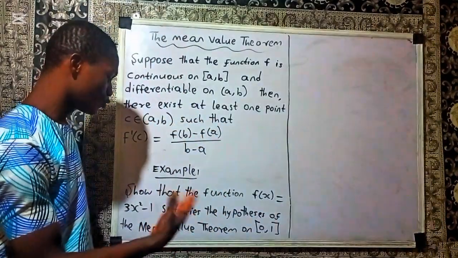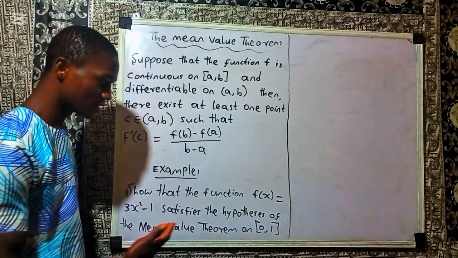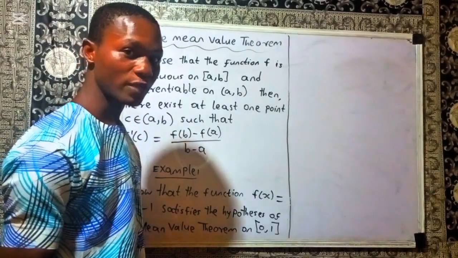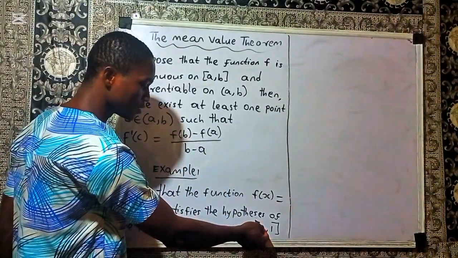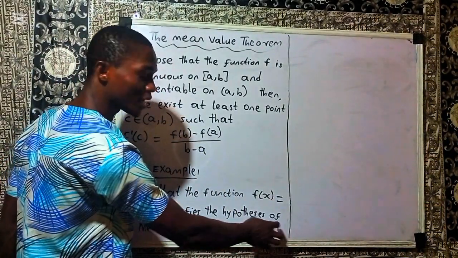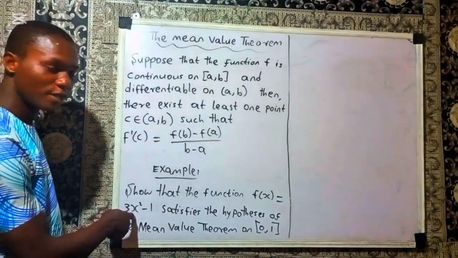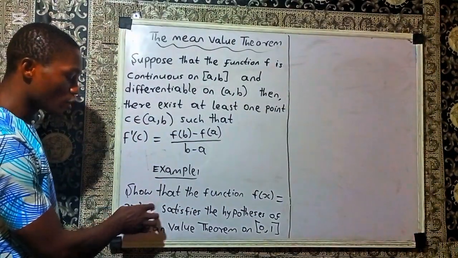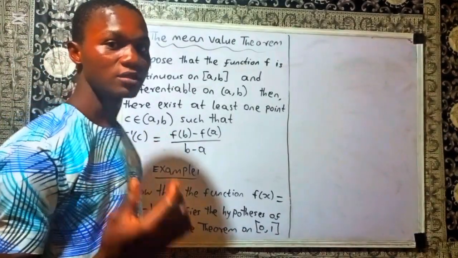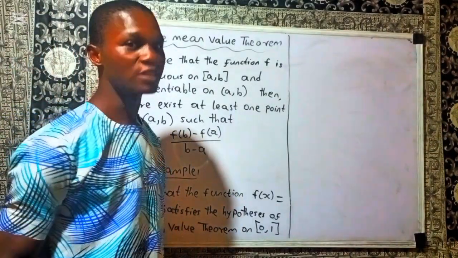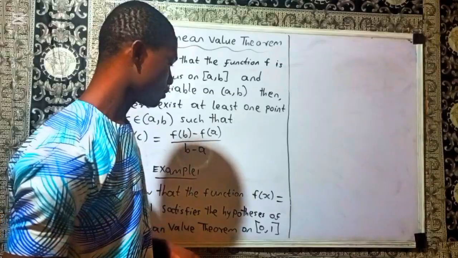And if you look at it in an elementary way, any number you pick from 0 to 1 and substitute for x, what you will get will always be a real number. You will not get infinity or undefined, right?